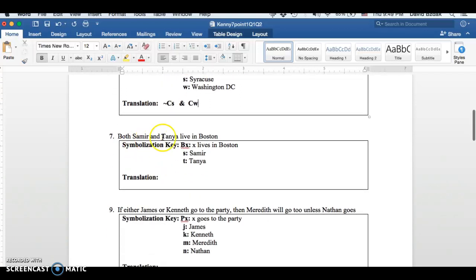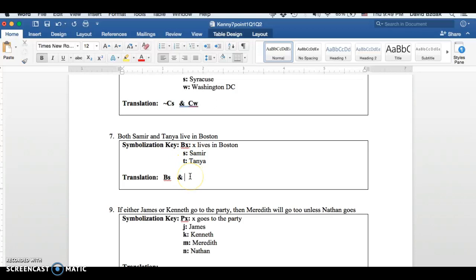Okay, number 7, both Samir and Tanya live in Boston. So again, two things are being asserted as true here, that Samir lives in Boston and Tanya lives in Boston. So it's going to be a conjunction. Start with the first part, Samir lives in Boston. Our key here tells us that lives in Boston is abbreviated with uppercase B. And our first person here is Samir, so lowercase s.